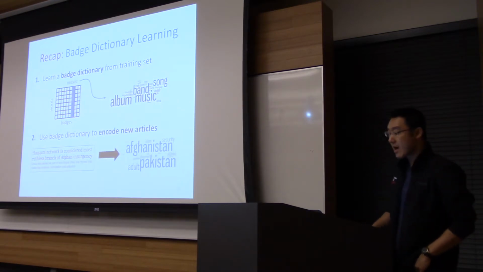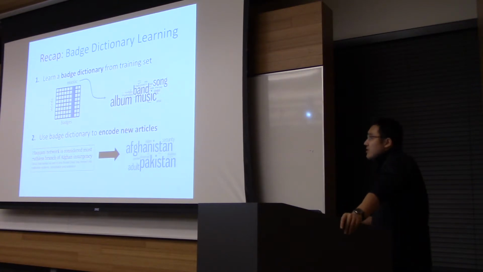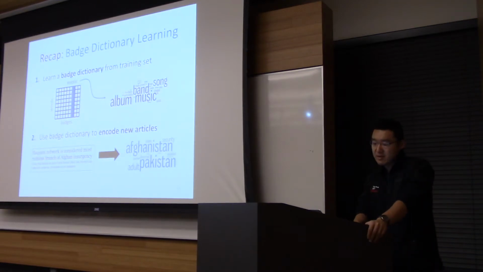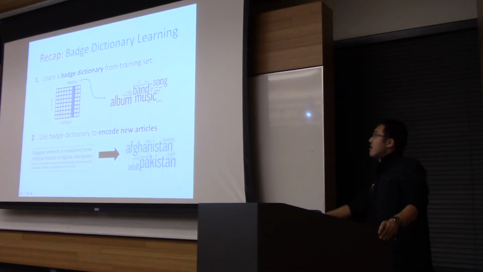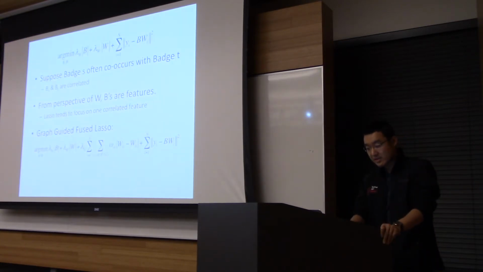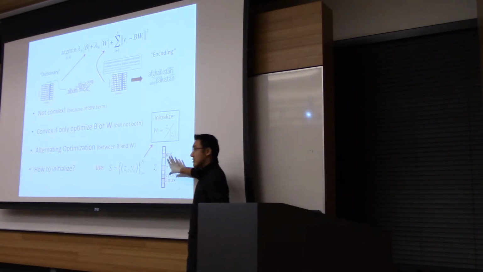And that's the recap of what's happening here. The key difference between this type of approach and a generic latent factor model that we saw in lecture is that in a generic latent factor model, we had no control over what the dimensions of the latent representation meant. Whereas here we do, because we initialized the representation using the badges rather than randomly.